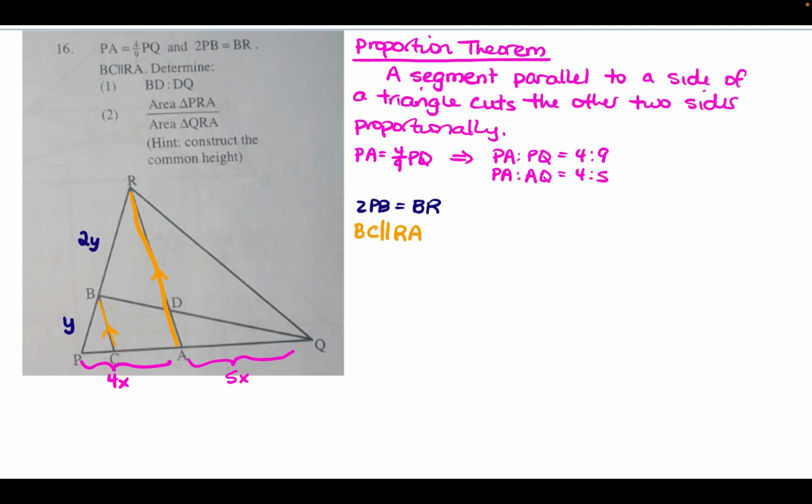So let's look at what we're being asked to do, and we can consider the triangle that we need. So we're interested in finding the ratio of BD to DQ. So I might go to the triangle first that contains BD and DQ. There they are.